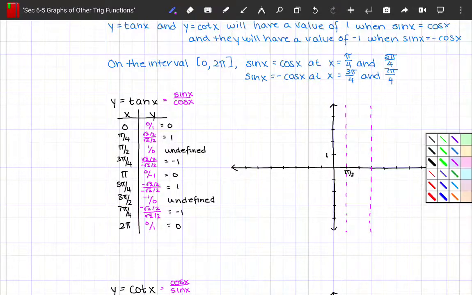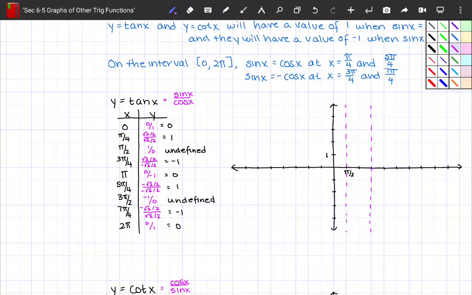And then we know with the regularity of trig functions, once I've got these, it's going to repeat over and over again. So I'm going to have another vertical asymptote here, all evenly spaced apart, because it's just a repeating function. It's a periodic function. And then same thing here.